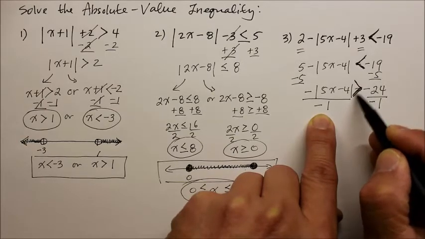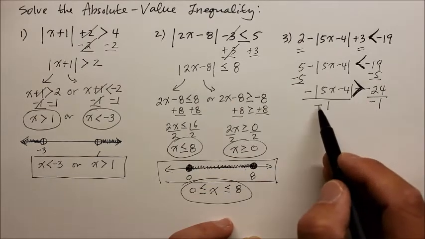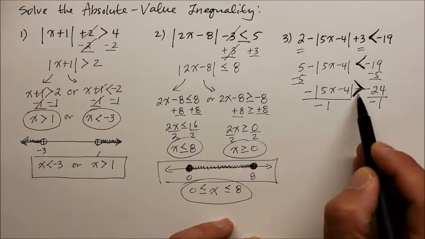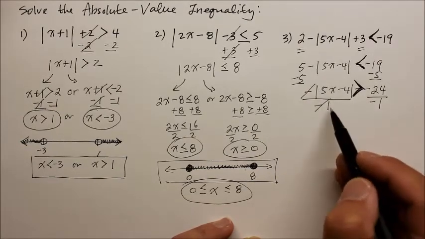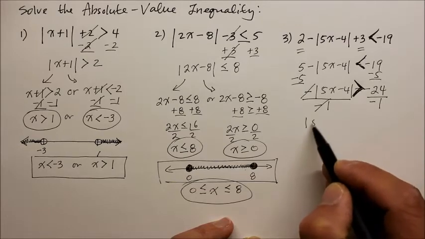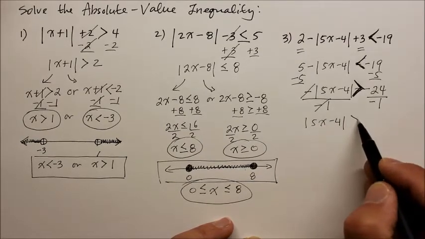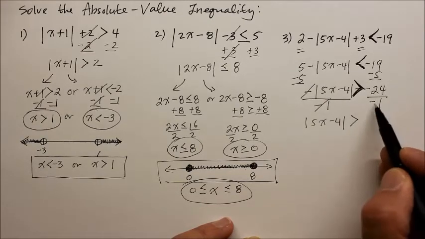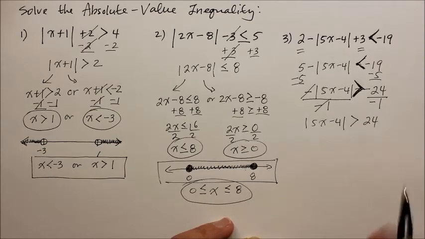You probably saw that somewhere before too. Okay? Anytime you multiply or divide by a negative, you have to change the direction of the inequality. Now as a result here, the negative simplifies out to become a positive. Now the absolute value has been isolated. And now this is going to be greater than negative 24 over negative 1. They're both negative, so they become a positive 24.